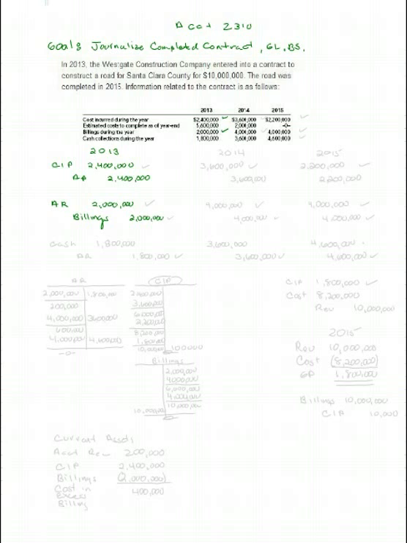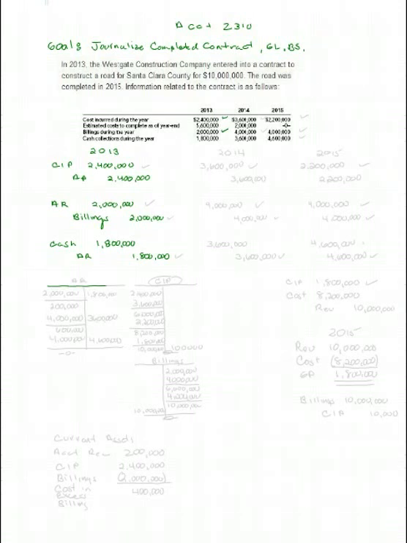Now I need to pick up the cash received from my customer, and that cash is $1,800,000, and I'll take that out of accounts receivable, $1,800,000. There is no entry under completed contract for profit, because we recognize it only at the end.